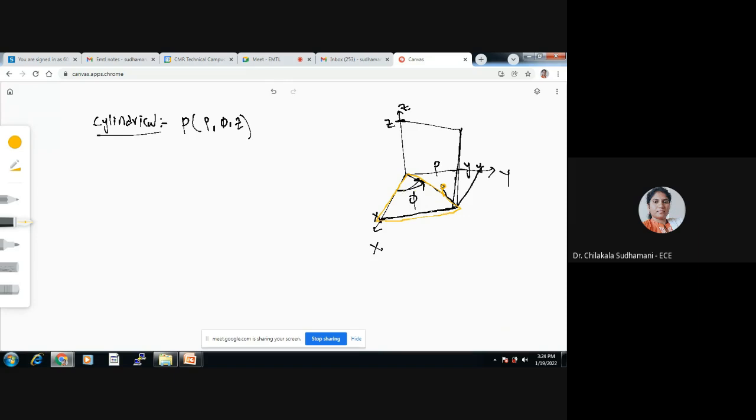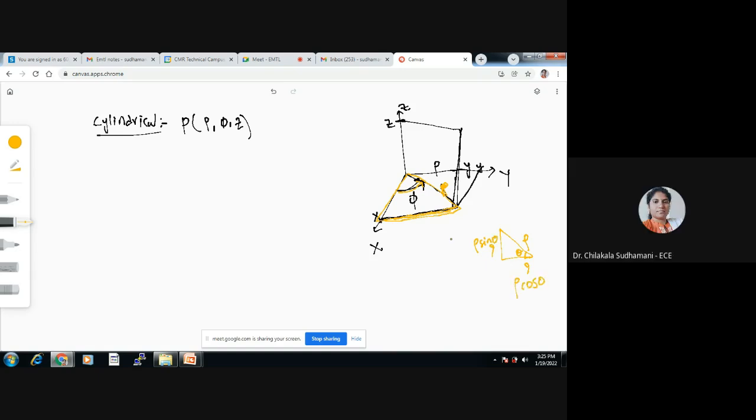If you know the angle and one side of this triangle, then we can find the other side. For example, if you assume a right angle triangle, this is rho. If the angle is here, opposite is rho sin theta and adjacent is rho cos theta.